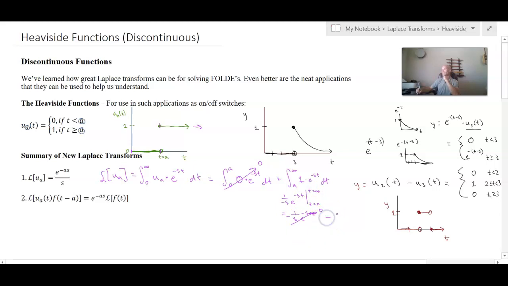Now we have minus negative 1 over s times e to the negative s times a. That's going to be a positive 1 over s times e to the negative s times a, and s times a is the same thing as a times s. So if we compact this into a fraction, we get e to the negative as over s. So simple as that.